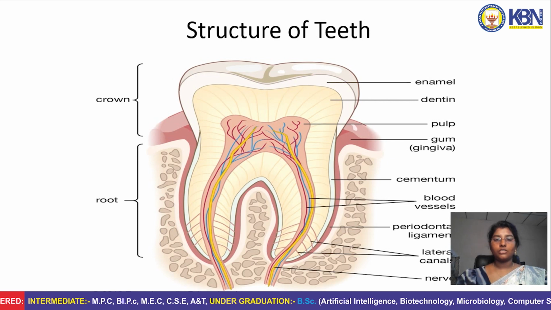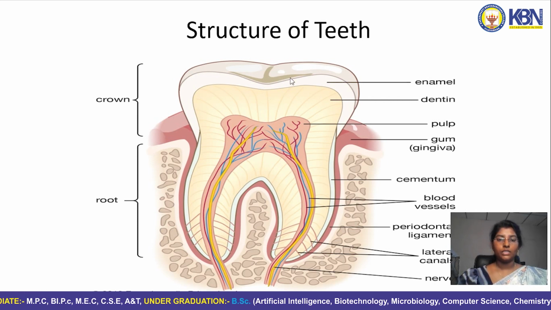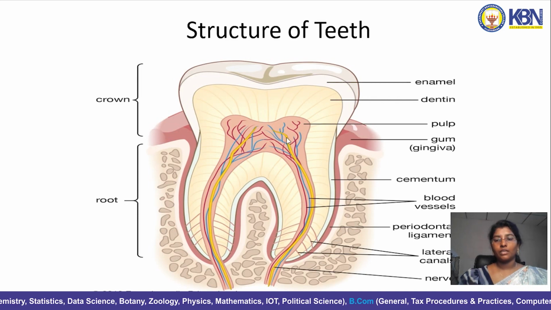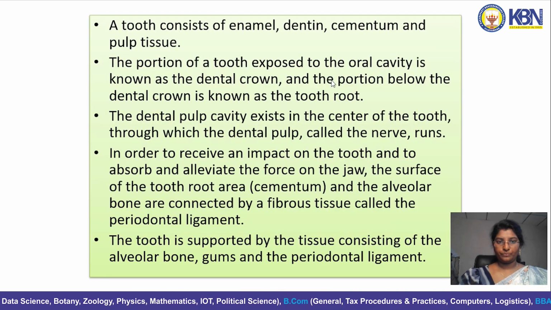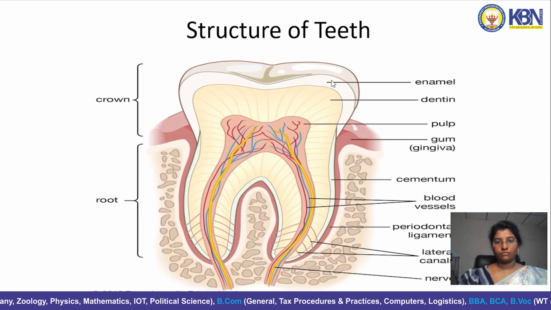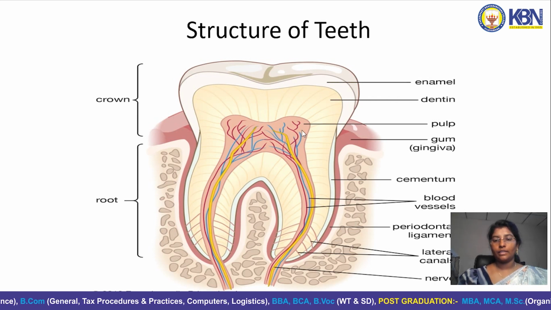This is the structure of teeth. On the top region we can observe the crown part. Next, the lower part of the tooth is called the root part, where we can observe different types of roots. In the upper part we can observe the enamel. The next one, dentin.